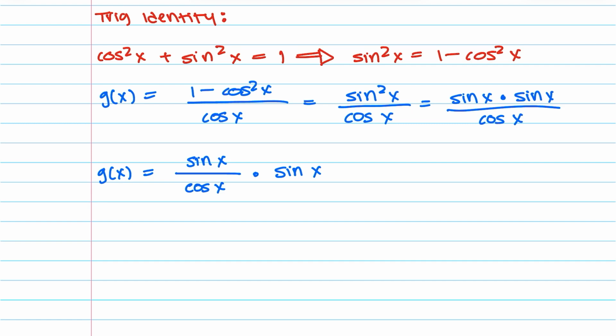And so let's go ahead and use our last identity, which says that sine of x divided by cosine of x is equal to tangent of x.